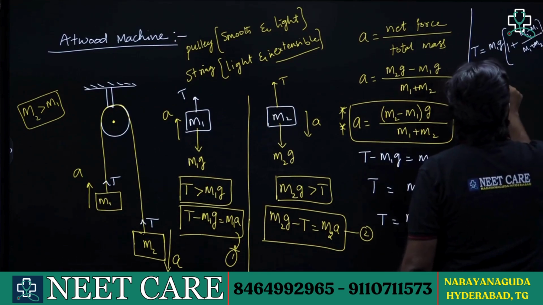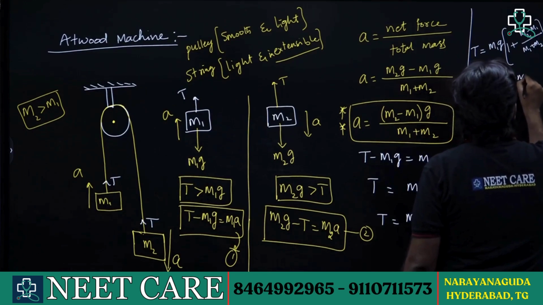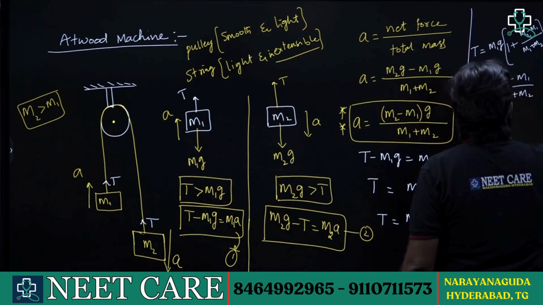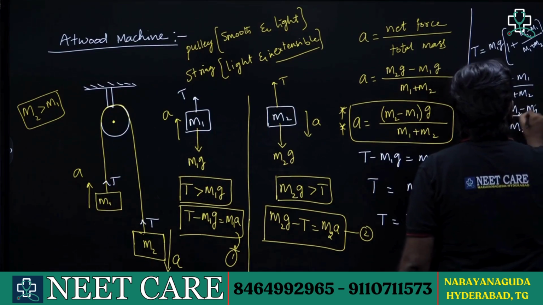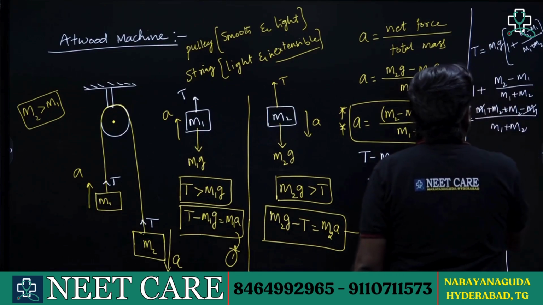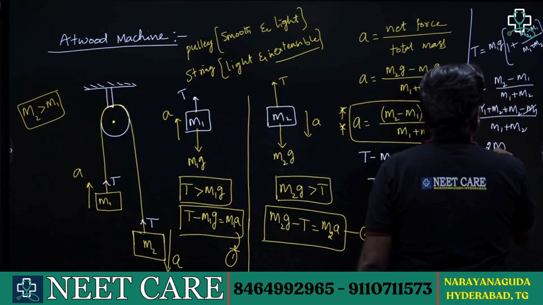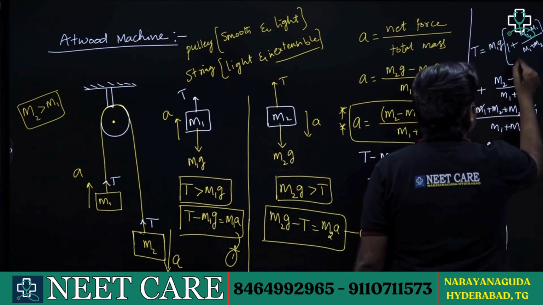So 1 plus M2 minus M1 by M1 plus M2. Now the LCM would be M1 plus M2, giving M1 plus M2 plus M2 minus M1. So this and this get cancelled, so that finally you will get 2M2 by M1 plus M2. So this is inside the bracket.